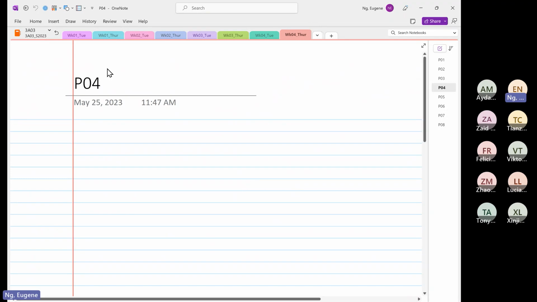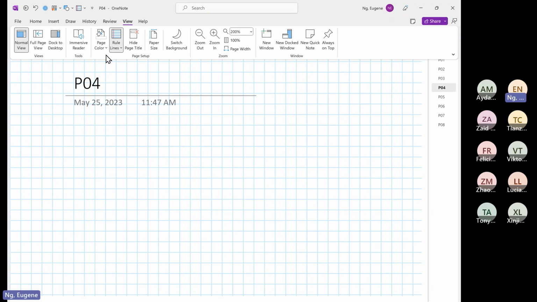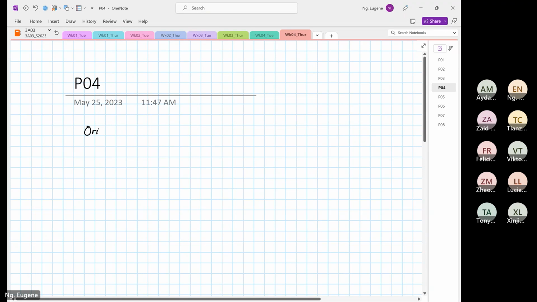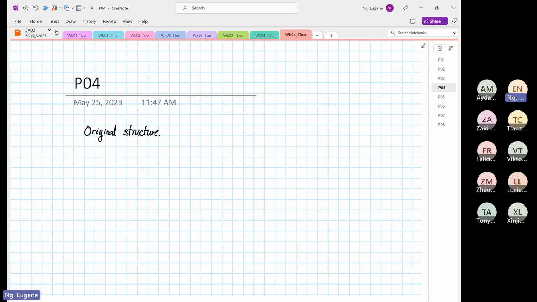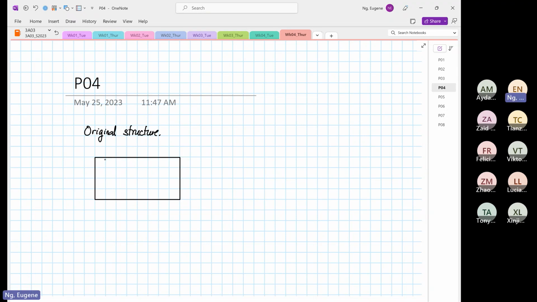Okay, our drawdown here. So the original structure, okay, the original. So I'm going to sketch out the original structure. So we have a 4x8 square.